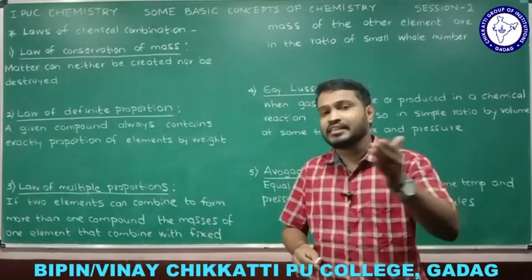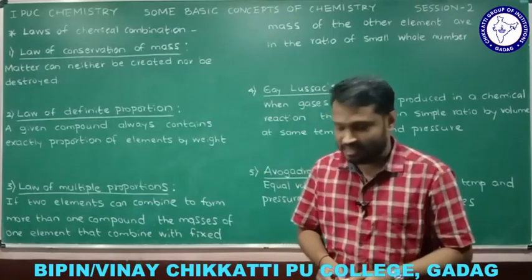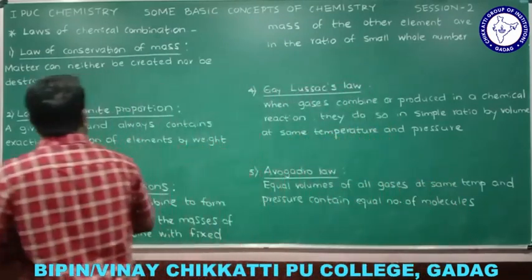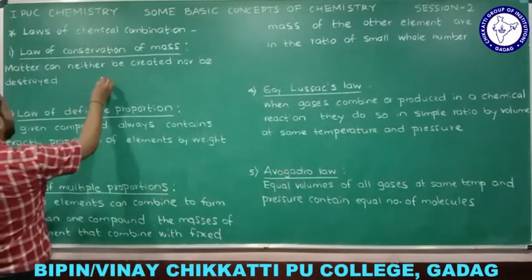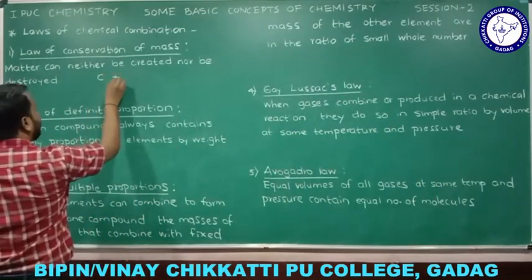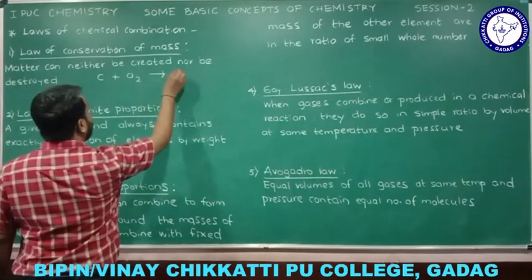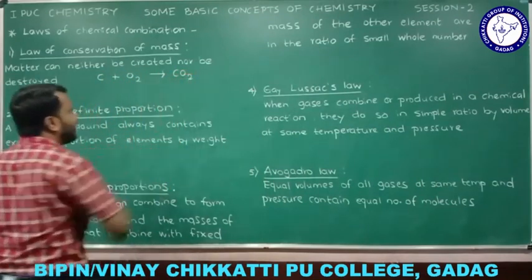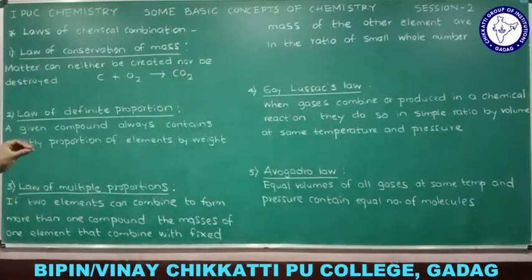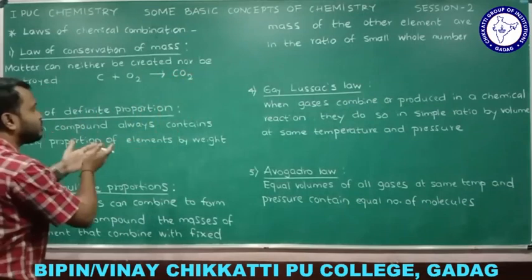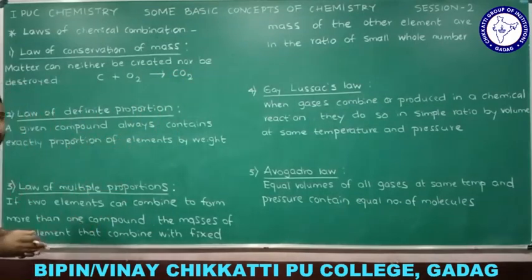We'll understand this better by considering the example. So now I am going to consider one simple example, that is when carbon is burnt in the presence of oxygen, we are going to get a carbon dioxide. So this is one very simple combination reaction. Carbon undergoes oxidation, you are going to get a carbon dioxide.